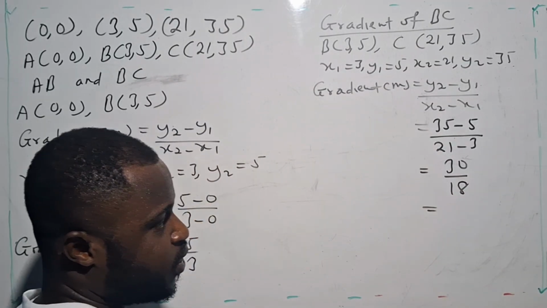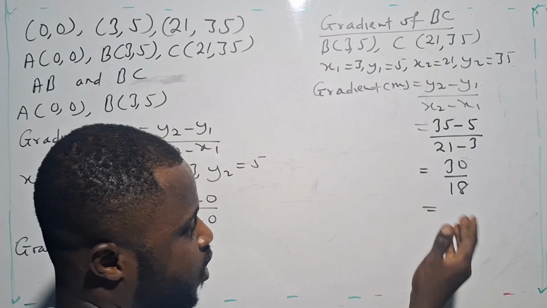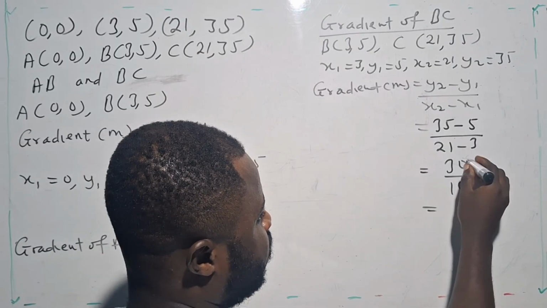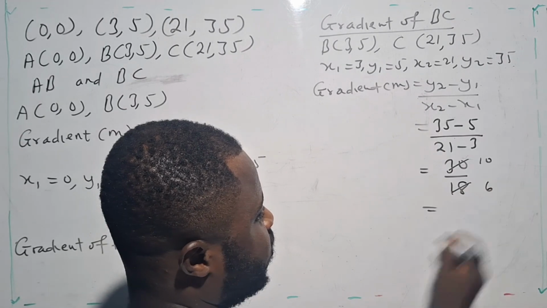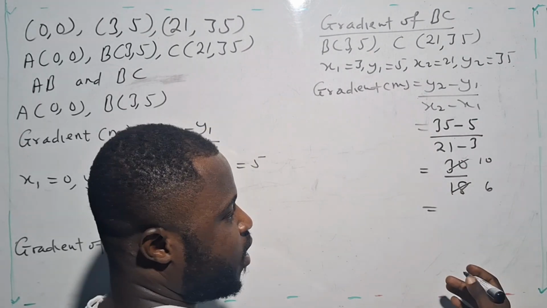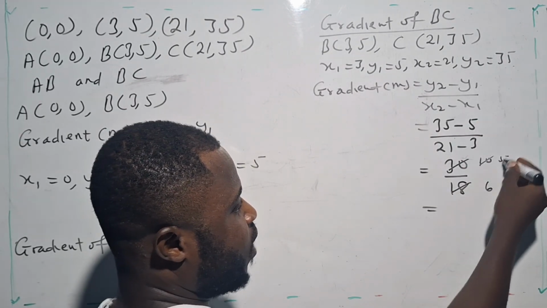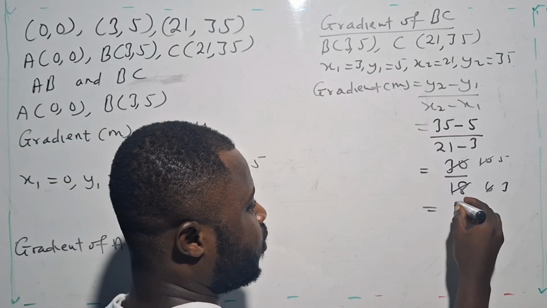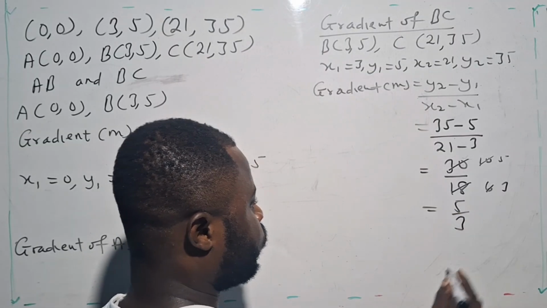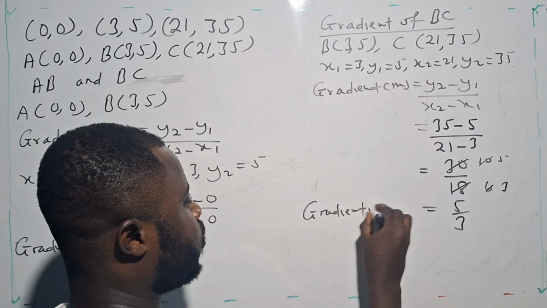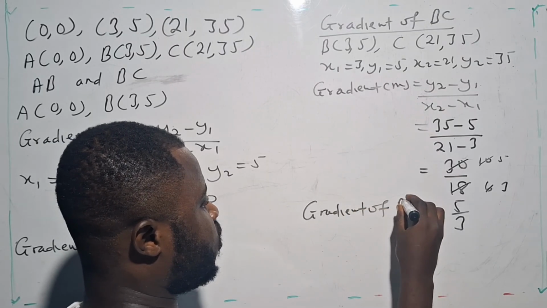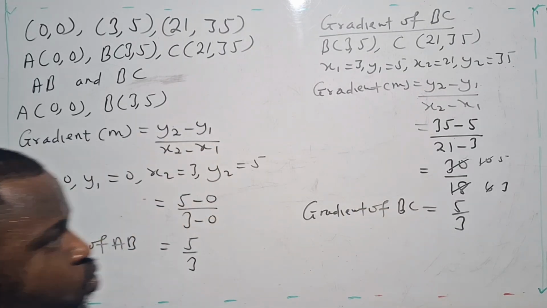Now can we simplify this? Yes. Let's simplify with 3. 3 can divide 30 ten times, and 3 can divide 18 six times. Now we can simplify again. 2 can divide 10 five times, and 2 can divide 6 three times. Now we have 5 over 3. So that is the gradient of BC.